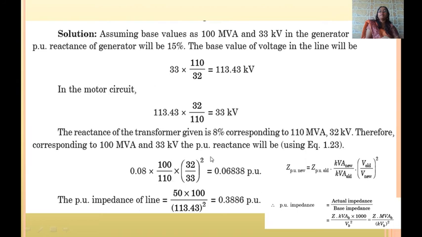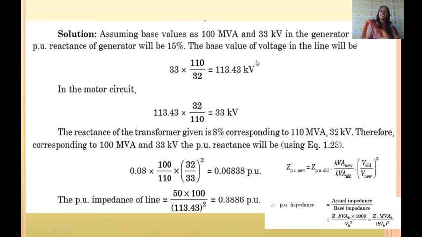New is 100 MVA and 33 kV. If you calculate, you will get the value 0.006838 per unit.